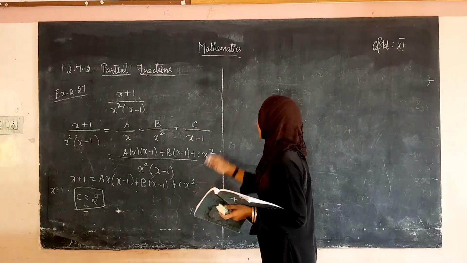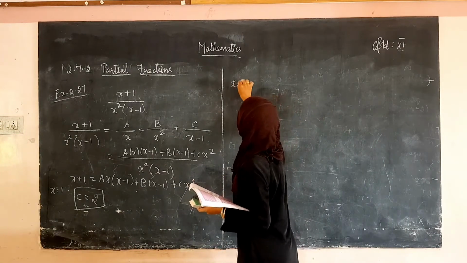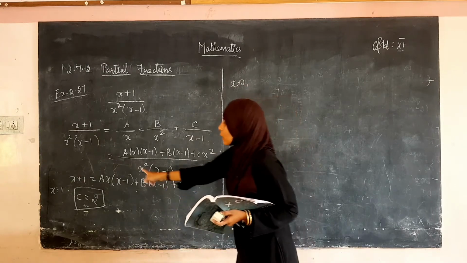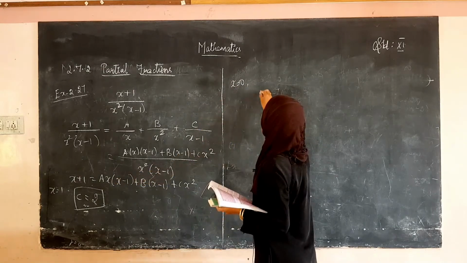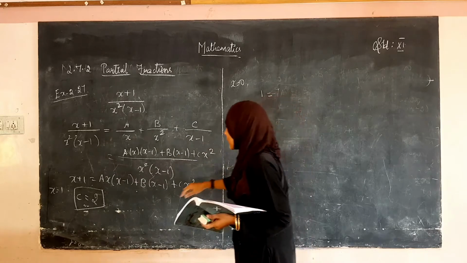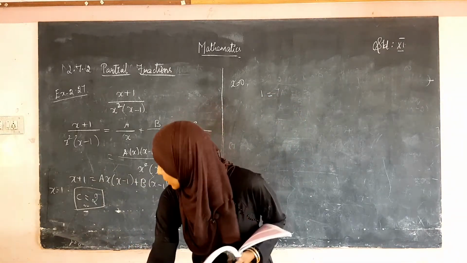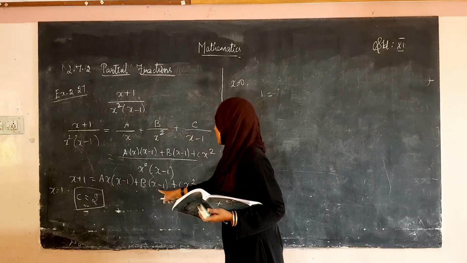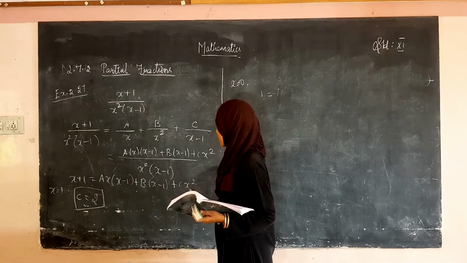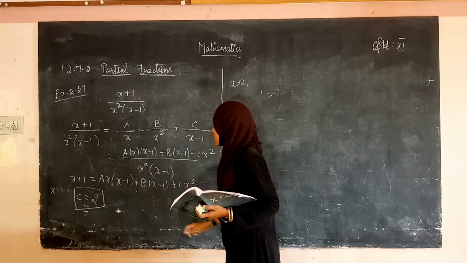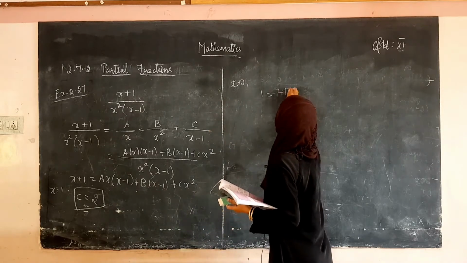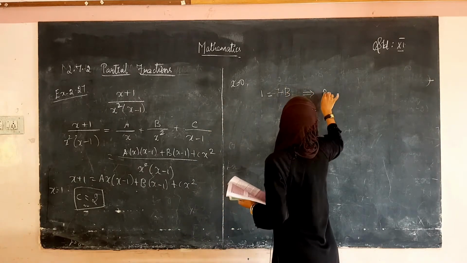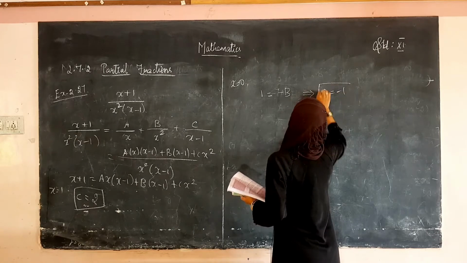And again, shall we take x is equal to 0 now? If we take x is equal to 0, left hand side 0 plus 1 is 1 equal to, this becomes 0, right? A into x, so this becomes 0, this term becomes 0. So here c into x square also becomes 0. So here 0 minus 1 is minus b. Therefore, what's the value of b? B is equal to minus 1.